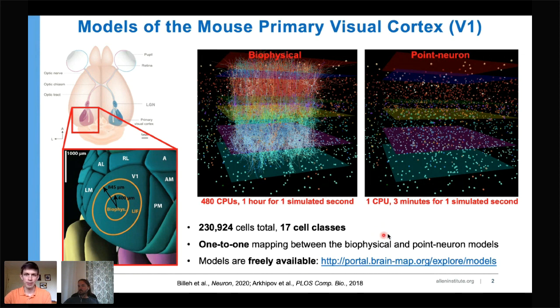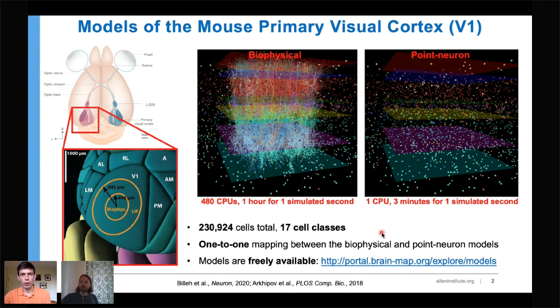Of course, the biophysically detailed model is quite computationally expensive, so you need hundreds of CPUs to run it efficiently. You can get maybe 1 simulated second in 1 hour of computational time. But the point neuron model is certainly suitable for almost any lab. It runs on a single CPU, and you get about 1 simulated second in 3 minutes.